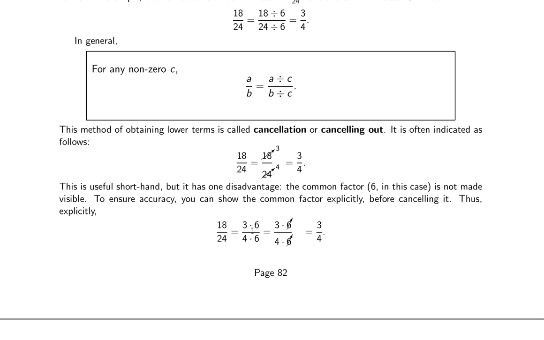So yeah, 18 is 3 times 6. 24 is 4 times 6. So we can cancel those 6's, and we're left with 3/4. All right, that's the best you can do. So in lowest terms, 18 over 24 is equal to 3/4.